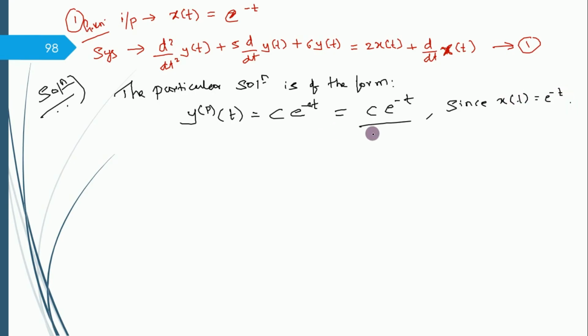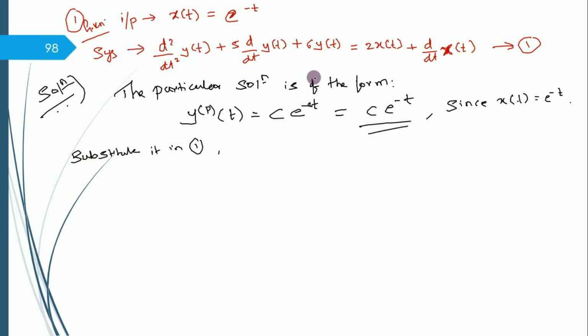Now what we have to do is substitute this y of t equal to c into e raised to minus t in 1. Wherever you have y of t, there you need to substitute it.